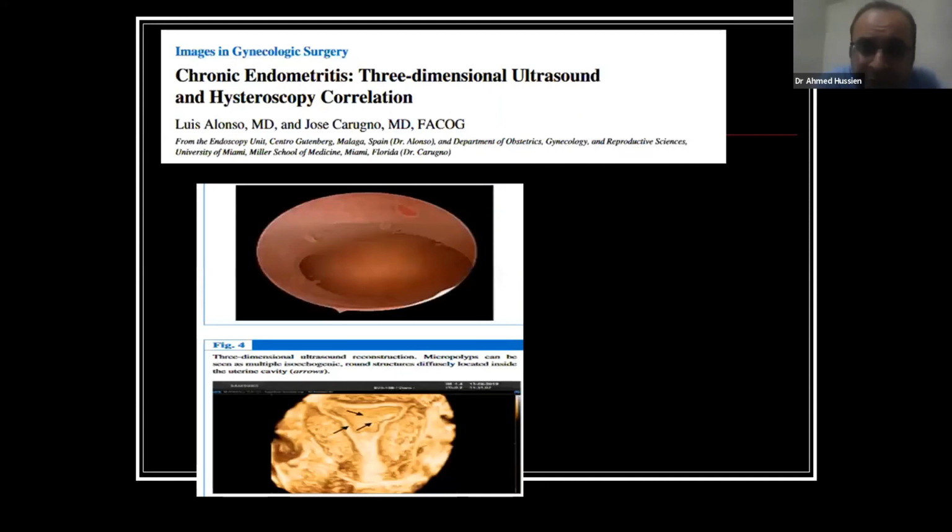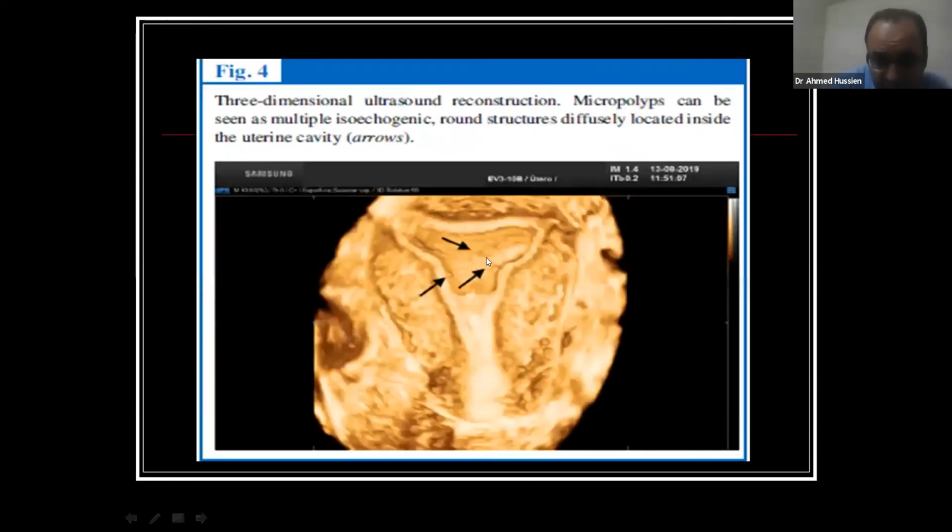A trial to diagnose chronic endometritis, which is diagnosed by biopsy and by hysteroscopy, now by 3D ultrasound. There is one study, one patient, about a correlation between the finding of micropolyps, which is a criterion to diagnose chronic endometritis, and finding it by 3D ultrasound. This is a new technique. We hope it will be validated by research in the near future.